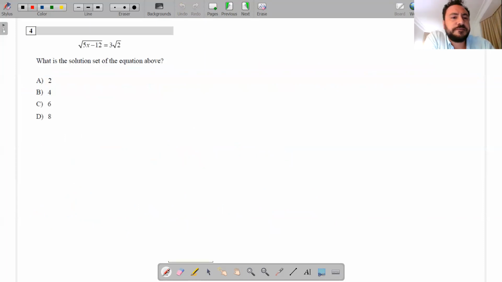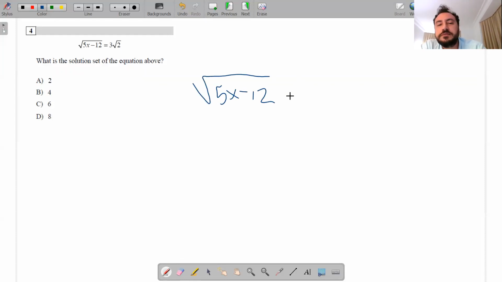In this case, we want to find the solution of this other equation. It's the same equation, but right now we have a square root on the left and a square root on the right. Even better, you don't do anything. You just go and power up everything. So square root of 5x minus 12 equals square root of 3 times 2.